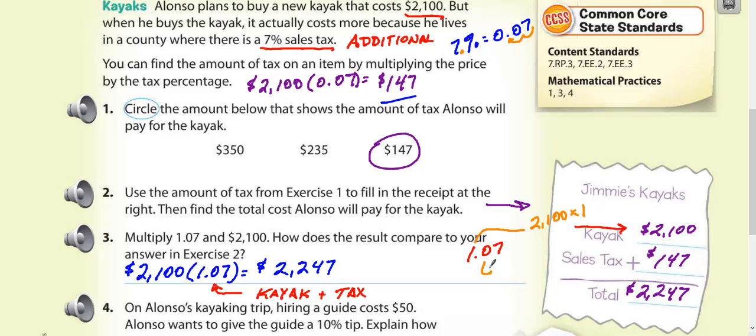The 0.07 is 2,100 times 0.07. So in one place you get them both. This is how I would do it. If I was figuring out what the cost was, I wouldn't figure it out separately and then add it. I would go ahead and multiply the original by 1.07 because I get both.